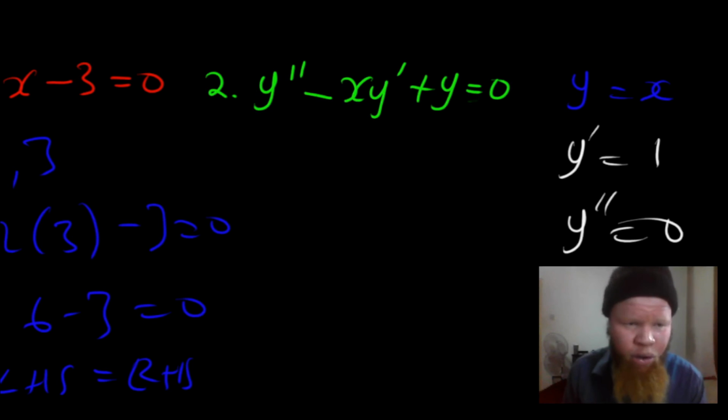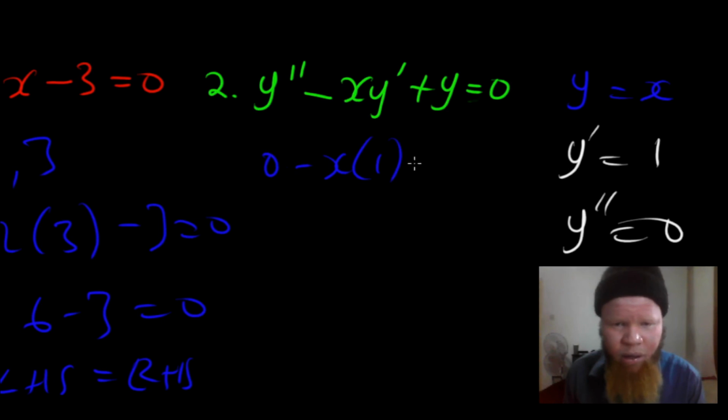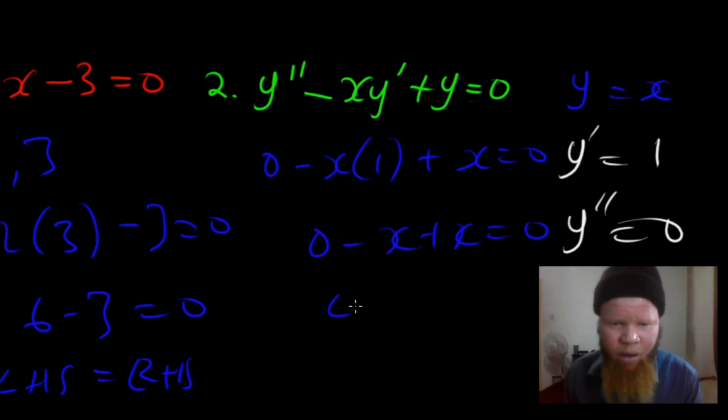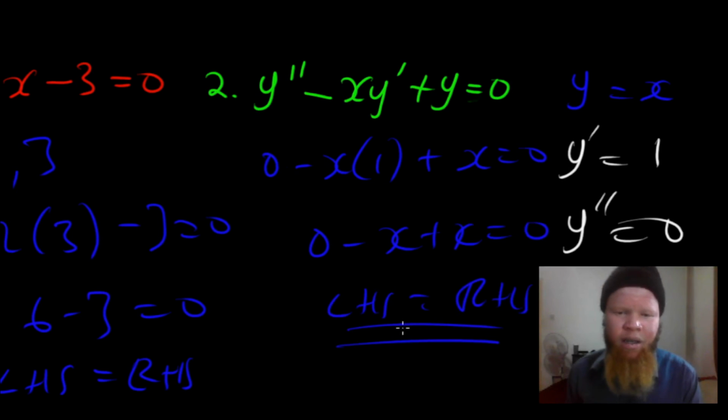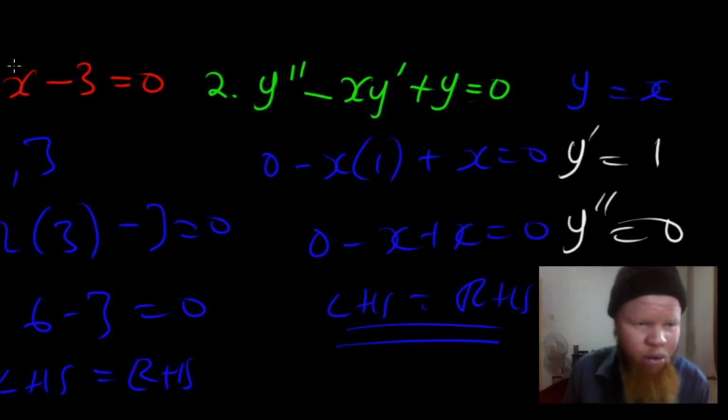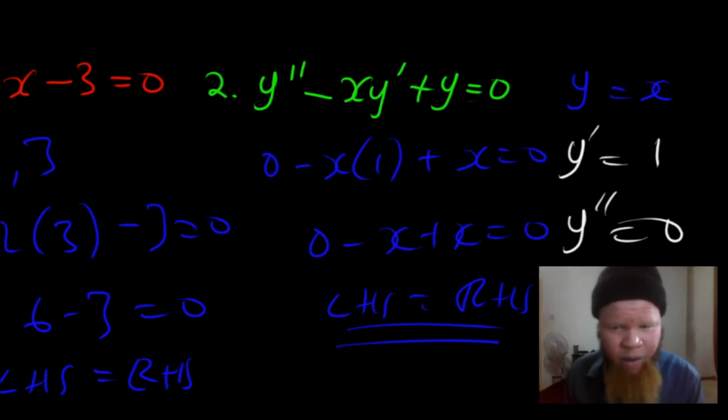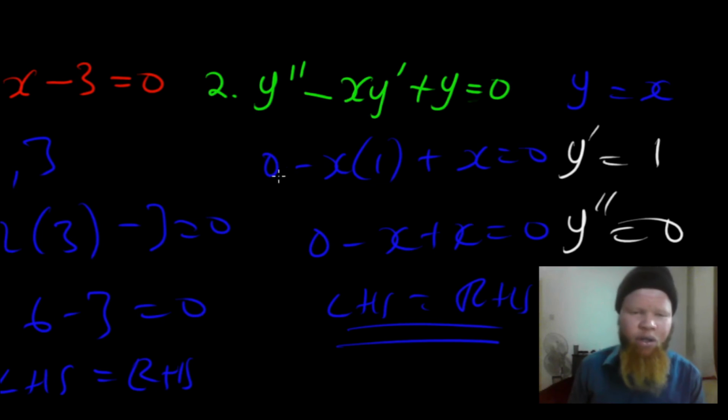You substitute back into the original equation: 0 minus x times 1 plus x is equal to 0, then you have 0 minus x plus x is equal to 0. Then left hand side is equal to right hand side, so that is a solution. Now try if y is equal to 0 is also a solution of this differential equation.